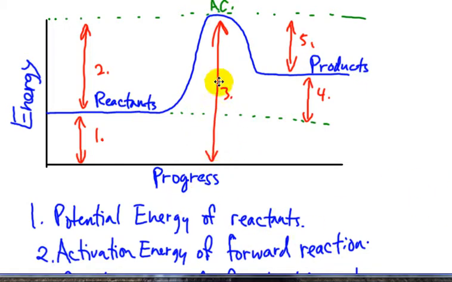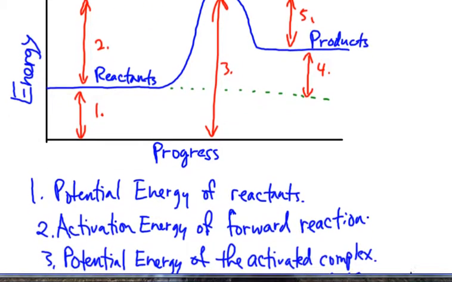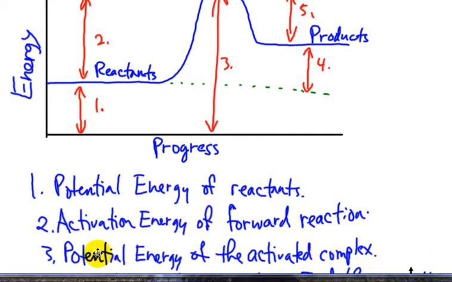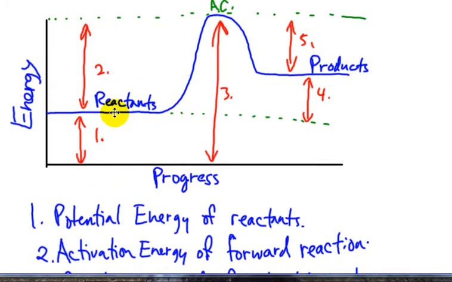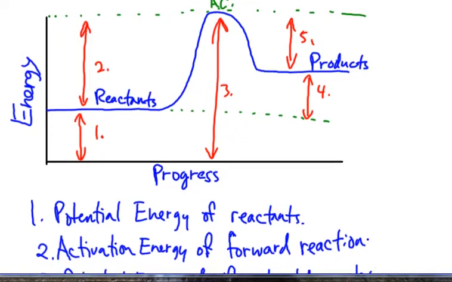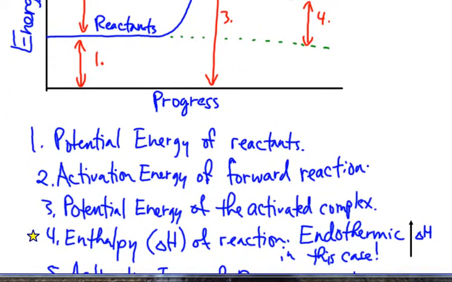Number 3, it's from 0 to where the activated complex is, so that represents the energy of the activated complex, or potential energy. Number 4, it's the difference between where reactants are and products are. We talked a lot about this last unit. The difference between products and reactants is the heat of the reaction, the enthalpy of the reaction.